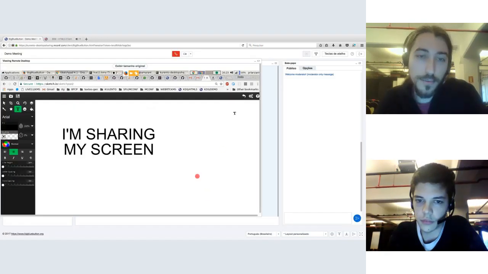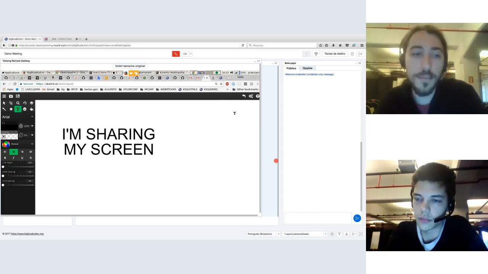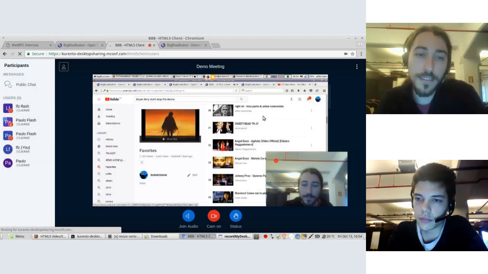On the next one, we have the screen sharing being visualized on the Flash client. So we're seeing the same thing on both clients. And in this one, we have another example of the screen sharing and the webcam on the HTML5 client.